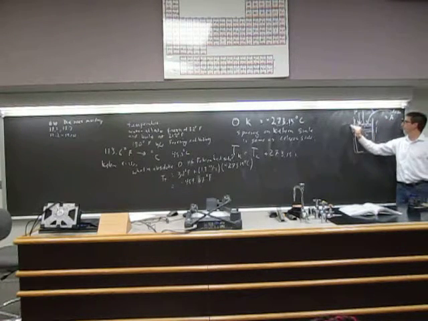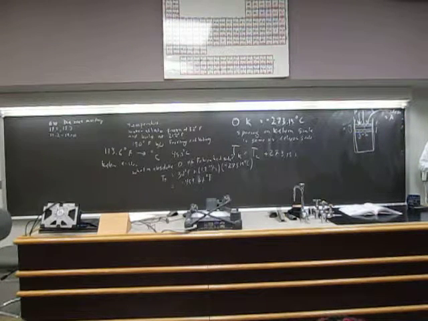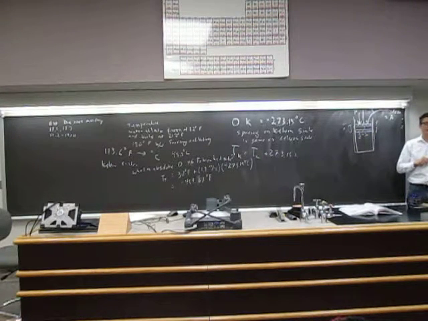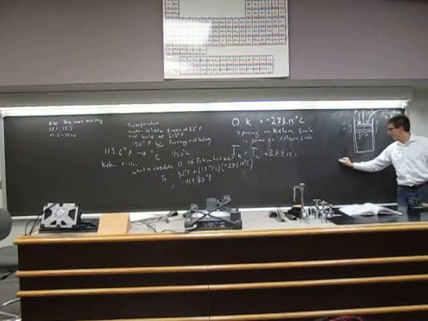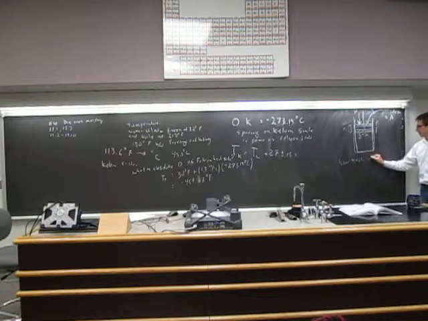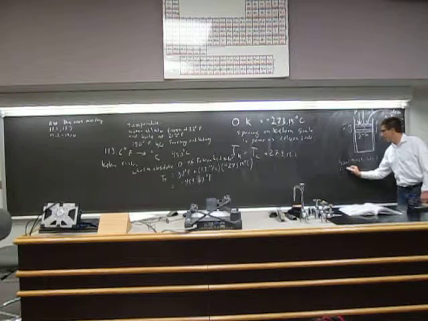Let's say this is separated by a distance x. How much work was done by the gas inside the cylinder when this piston moved? How much work was done to move the piston?